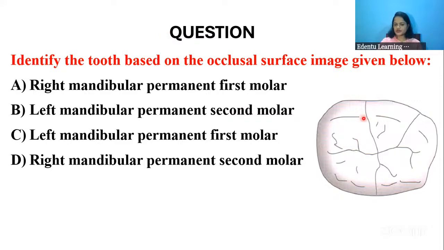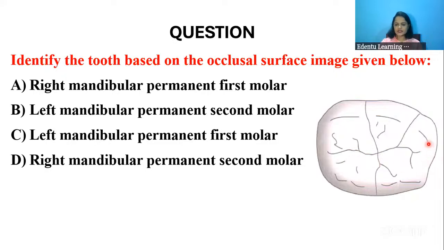So as you can see from this occlusal surface, there are five cusps. So you can rule out the second molar from these options. The mandibular second molar will usually have only four cusps. It is the first molar that has five cusps. All mandibular first molars will have five cusps.